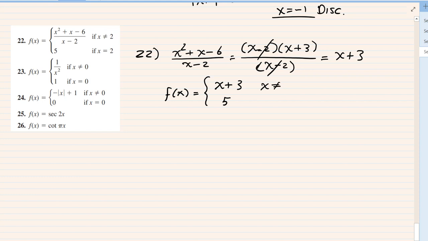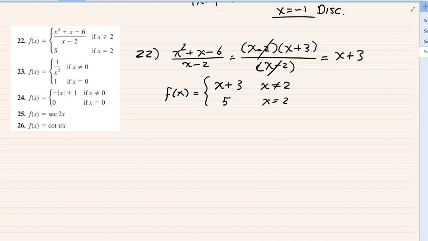And x cannot be 2, and at x equals 2 it's 5. Notice, by the way, in this x plus 3, 2 works perfectly fine. But to begin with, we weren't allowed to have 2 because of division by 0 before we simplified it. So we look at the natural domain here. Okay. And so this is easy now.